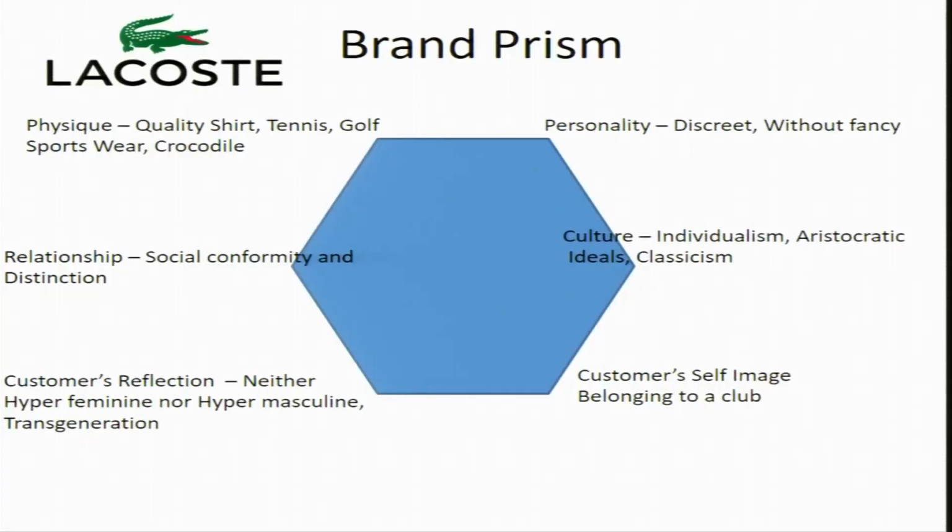In the second facet, you will see the correspondence between relationship and culture. So, relationship is social conformity and distinction. The relationship that the brand has with the consumer is with people who stick to the rules, who go by the norms of society.